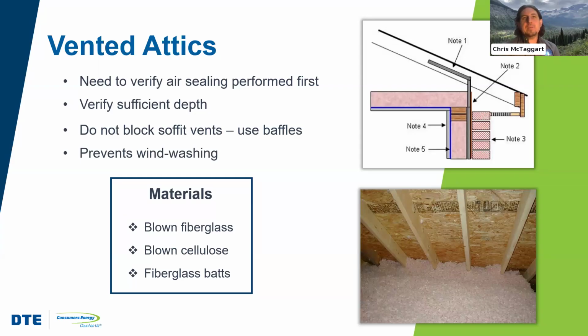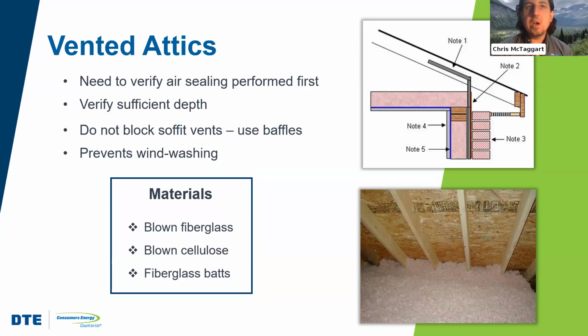Regardless, a big reason why in vented attics we've got higher R values is because we just have space for it. But you have to have sufficient depth, particularly over the top plate. You want to make sure you have enough area in order to have insulation over that top plate, so that we're reducing heat loss off the corners of our wall assemblies where they meet the attic. And then we don't want to block any venting, so you want to make sure you have eave baffles.